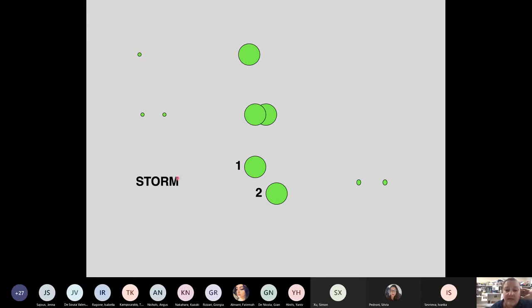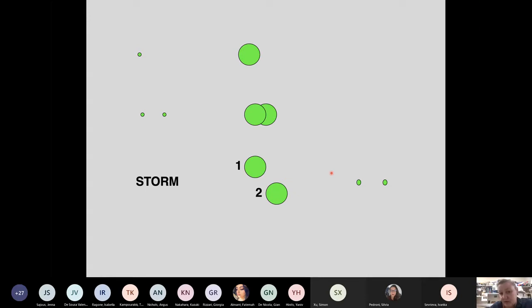With STORM, because not both fluorochromes will ideally be active at the same time, if you take a very, very long exposure of all these on, off, on, off conditions, you will be able to resolve these two dots.